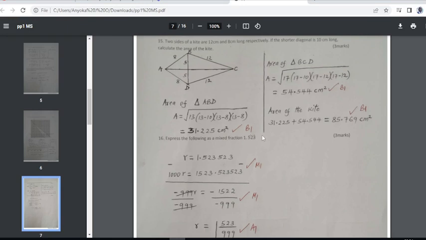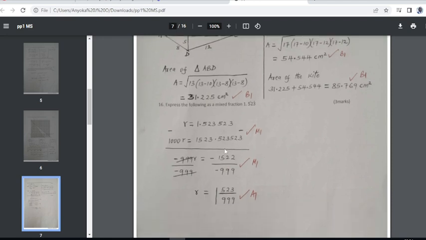When we have 523, a dot on 5 and a dot on the last digit, it means the 3 digits are recurring. So we have R, which is our fraction, equals 1.523523523.